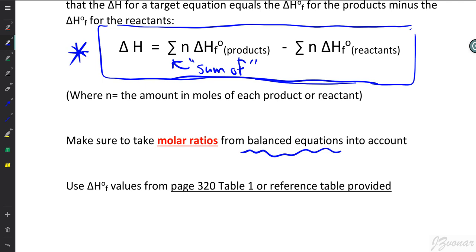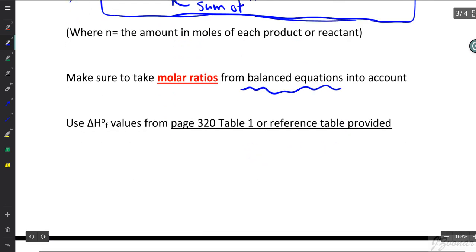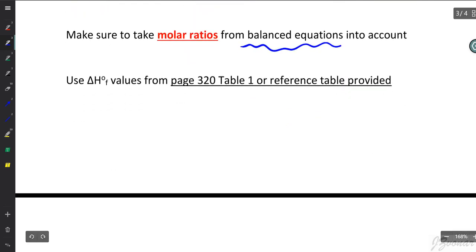Like I mentioned earlier, the one on page 320, table 1, is very modified. It's a very small cross section of the thousands of delta H of formation values that are out there. All right, but for our purposes, this is the one we're going to use.